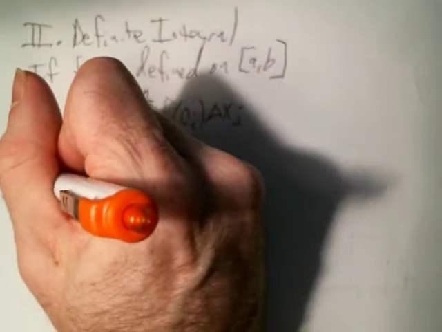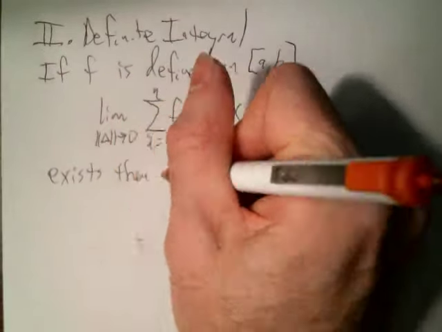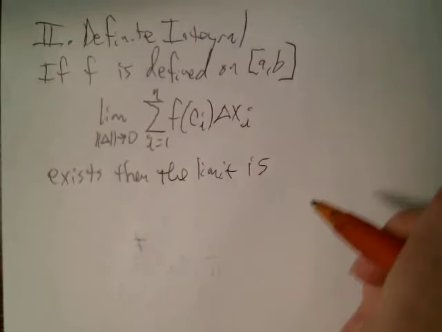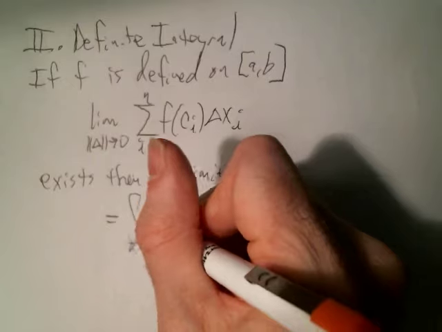Okay, so if this thing exists, then the limit is this following object, which should look kind of familiar from chapter 5.1, sort of.